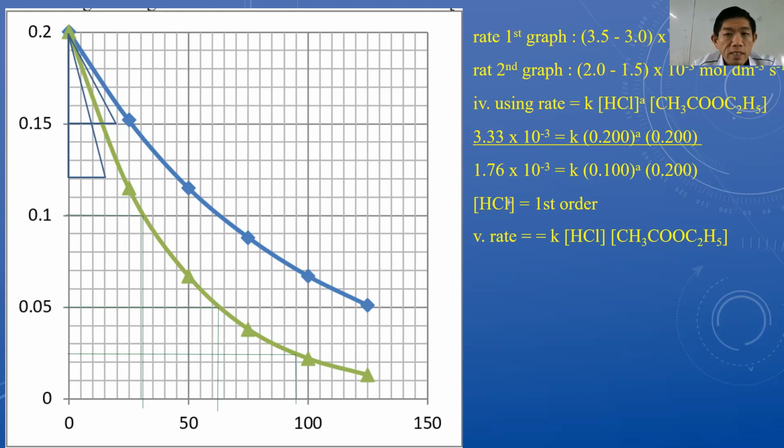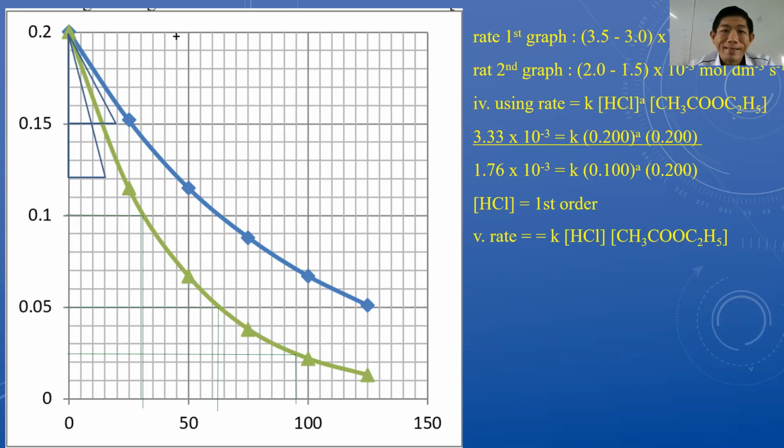So with respect to HCl, you can eventually get that it's first order. Hence, the rate equation is rate equals k[HCl][CH3COOC2H5]. So this is a combination of how you use concentration against time to get the order for CH3COOC2H5, and then you use the rate law method to get the order of reaction with respect to HCl.